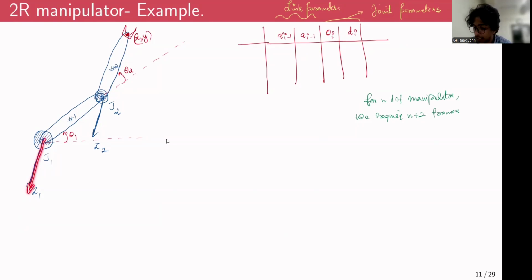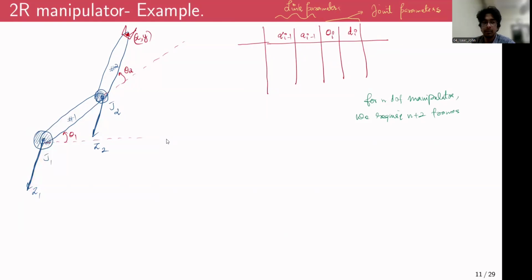So if you have z1 like this and z2 like this, x1 can be perpendicular to both z2 and z1. But then since z1 and z2 are essentially out of the plane, x1 can be along any direction within this plane, right? If you consider the plane of this board, x1 can be like this, like this, like this. Any direction is fine, as long as it's perpendicular to z1 and z2.